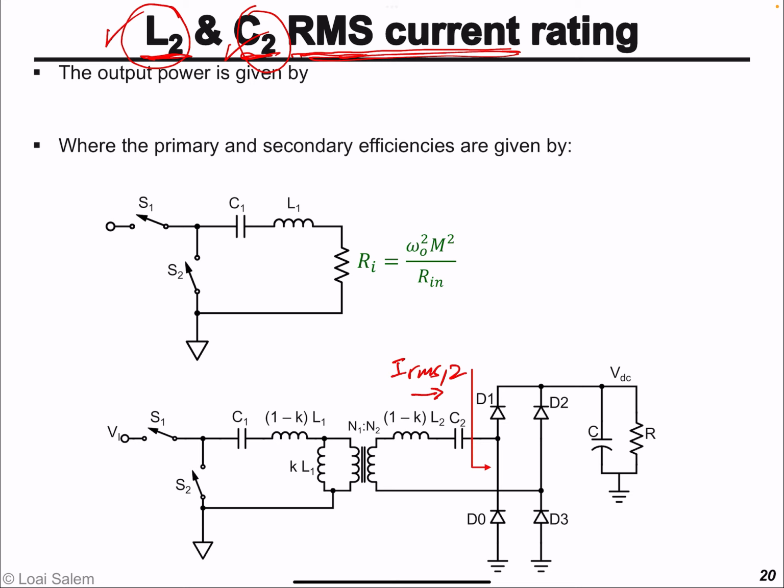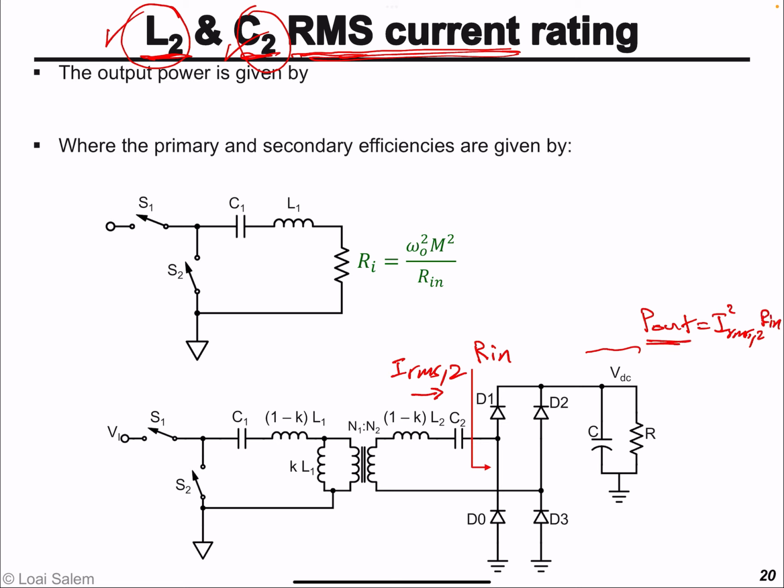Well, if we calculate the output power, the power that is delivered to the load, since we're going to see the equivalent input resistance of the rectifier, this output power can be expressed as I_RMS of the secondary side squared times Rn.